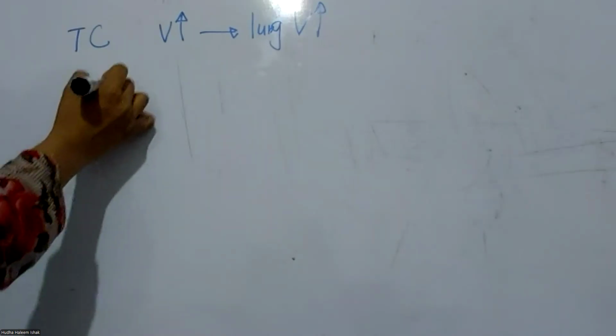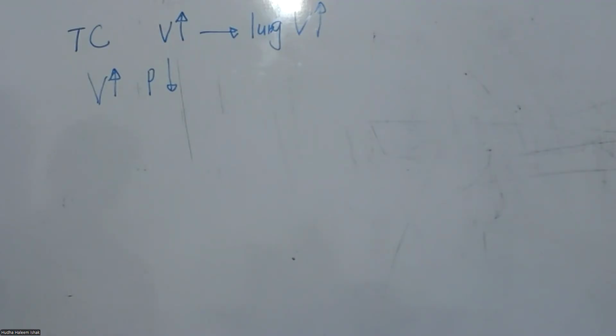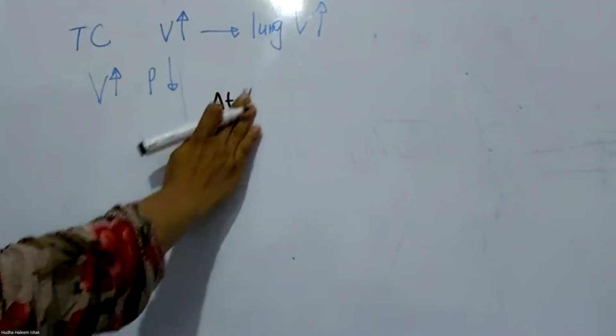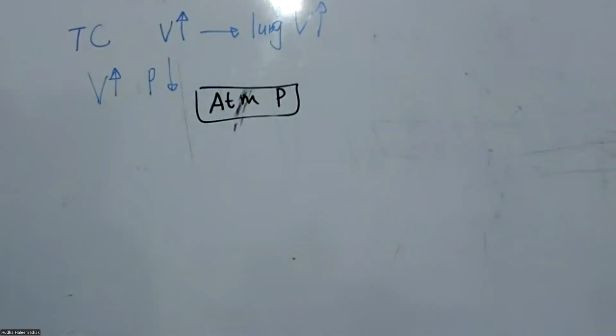Whenever volume increases, we all have to remember pressure drops. Okay, the pressure drops. Initially, the pressure of the lungs was exactly similar to the atmospheric pressure. But now the pressure is going down. Let's think like this. This is the atmospheric pressure. This is the normal level. Now what is happening?